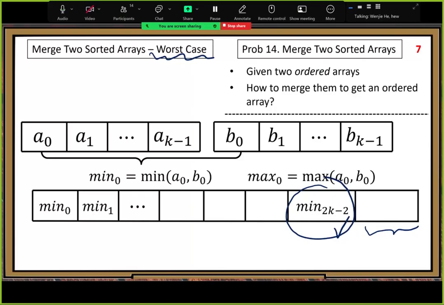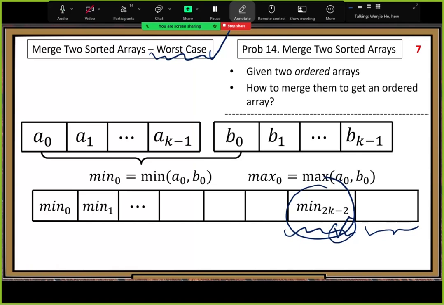So for the second to last element, in the worst case you need a comparison. For a better case, you may not need one, you can drop it in place. But because here we consider the worst case, we need a comparison to put the second to last element in place.